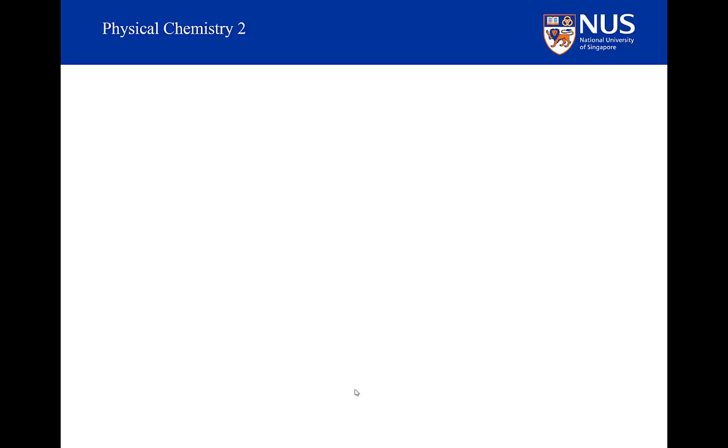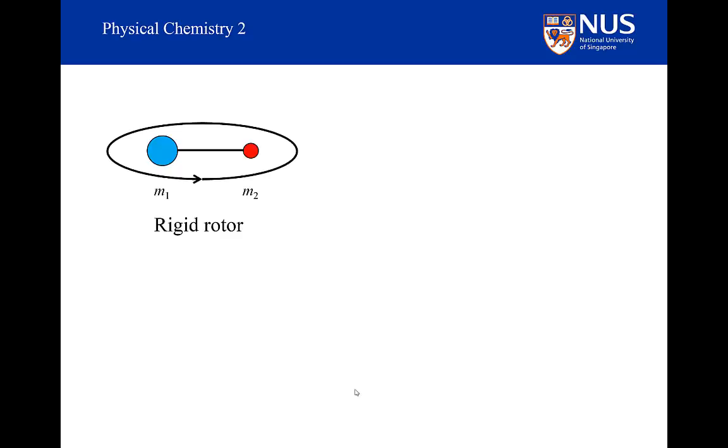We can then operate on the wave function with the Hamiltonian to identify the energies as a function of the quantum number. How did this all work out for our rotational system? Well, we looked at the simplest of molecules, that is the diatomic. We also assumed that the bond was rigid, so we had what was known as a rigid rotor. We will relax this approximation later in this topic.